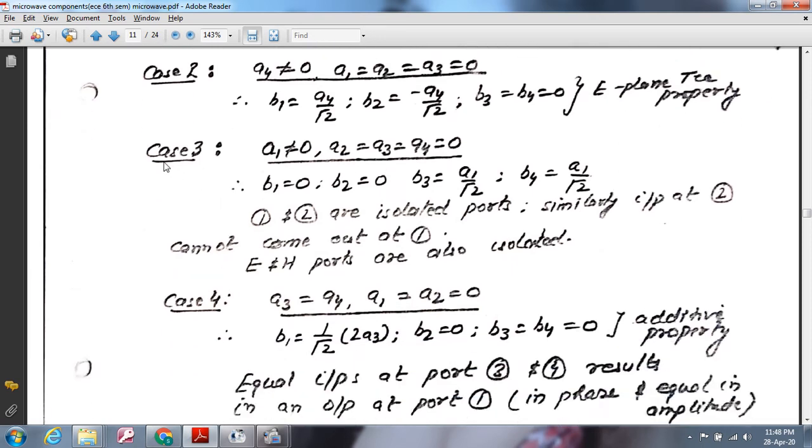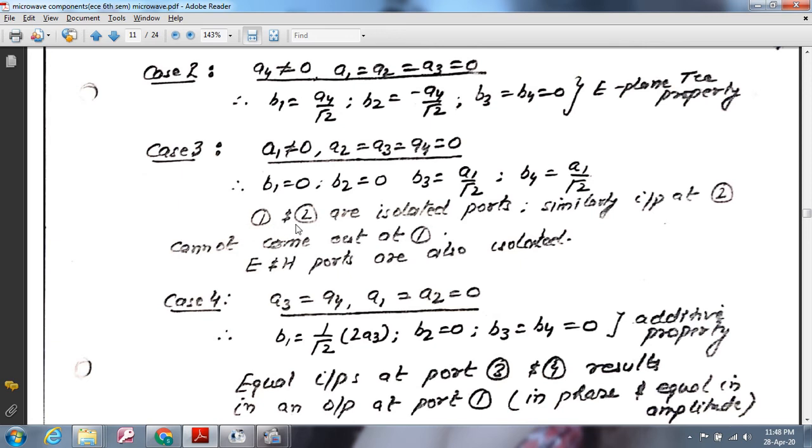We can have the third case where A1 is non-zero. We are having input at port number 1, but no input corresponding to port number 2, 3 or 4. All are 0. So for this third case, we will see B1 will be 0, B2 will be 0, B3 will be A1 by root 2, and B4 will be A1 by root 2.